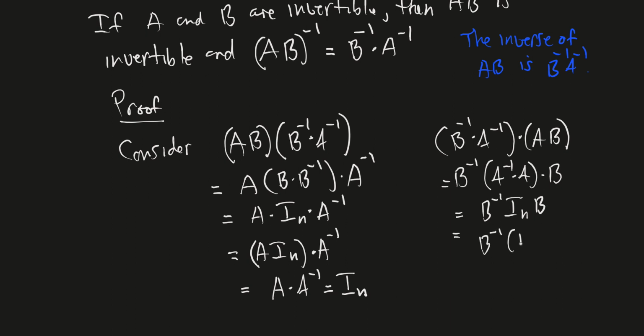So this can be paired up like this, and the identity times B is going to be B. So I have B inverse times B, and again, that gives me the identity matrix. So what this shows is this is the special matrix that when I multiply AB by either before or after, it reduces to the n by n identity.